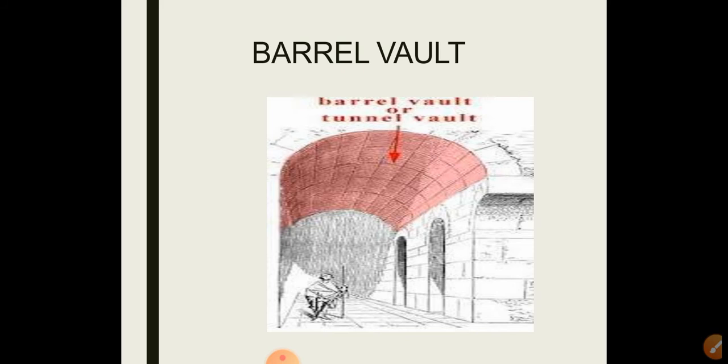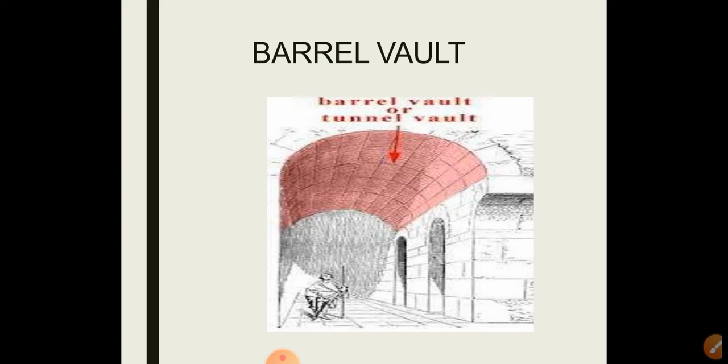It is formed by extension of an arch as an unbroken series placed together one behind another. In the example you can see the highlighted part, the pink color shows it is a form of an arch only, but it is not broken, it is a series.